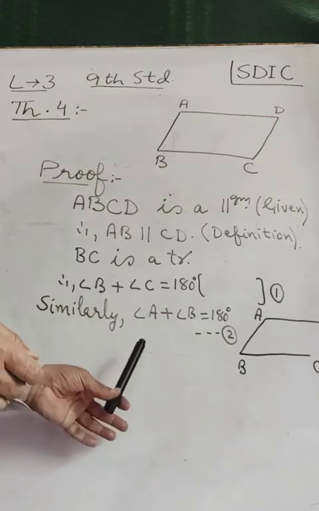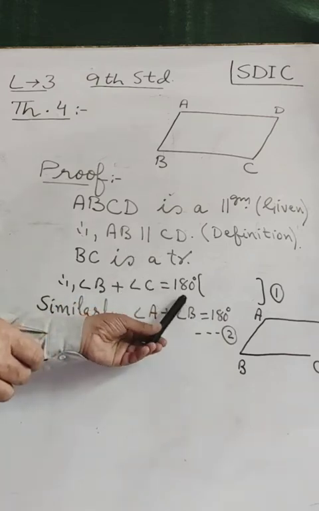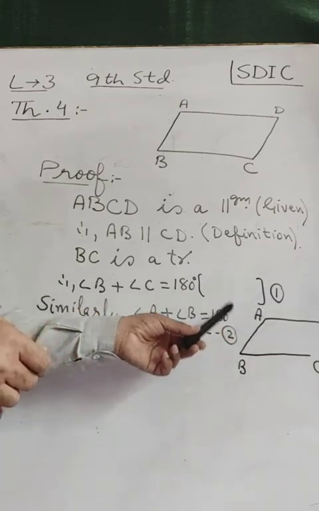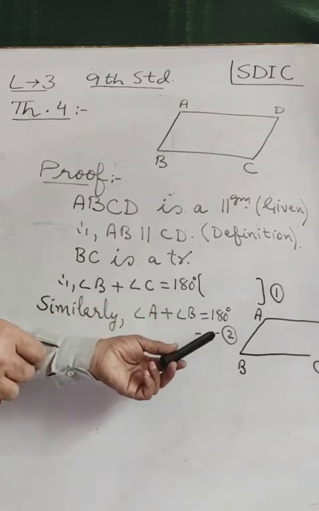Having done this, we will now use Euclid's axiom. Both of them are equal to 180. In first we have is equal to 180. In second also we have is equal to 180. Euclid's axiom will be applied. This 180 will get eliminated.